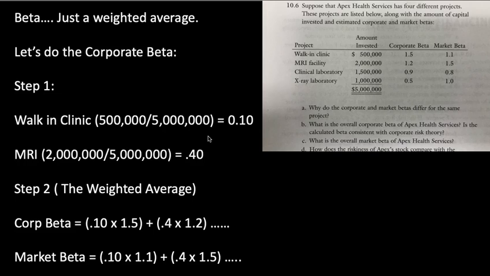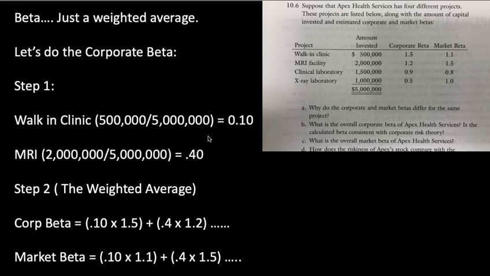If you know that, you can kind of know what the answer to this problem is too, which is kind of cool. But let's just take a look at how to calculate that overall beta, the corporate beta. Now remember, beta, fancy name, makes it sound cool, right? But beta is just a measure of how something responds in comparison to something else.